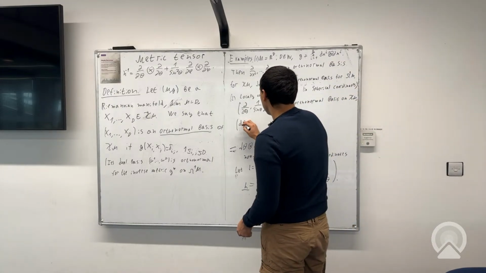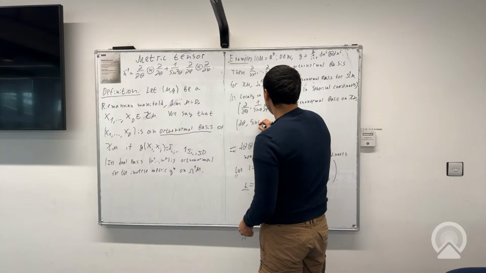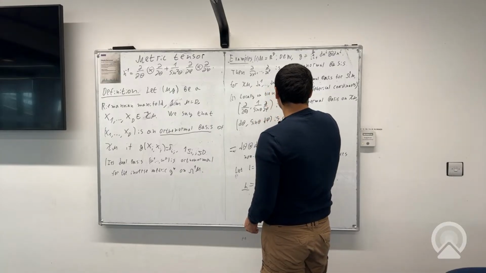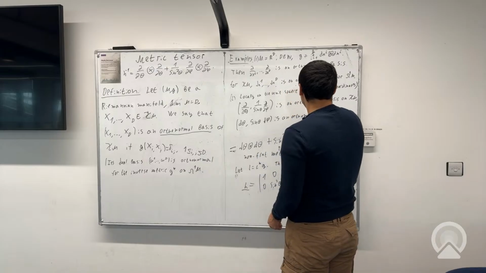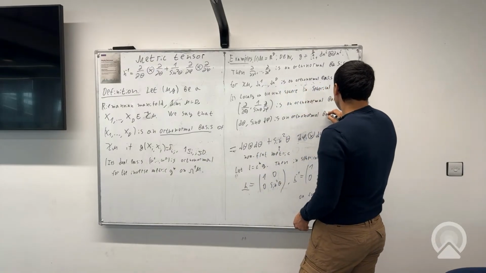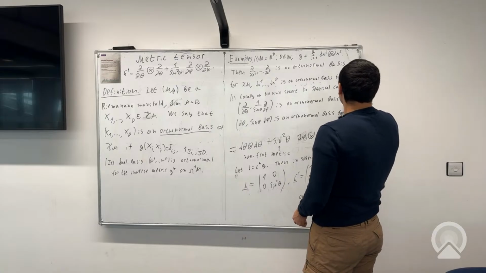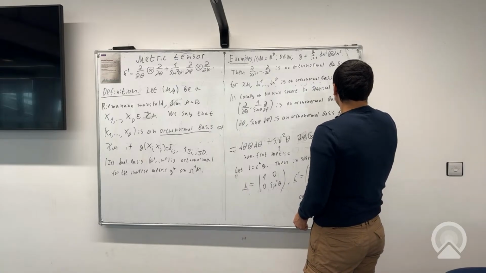So d/dtheta and 1 over sine theta d/dphi is an orthonormal basis for the tangent space, and d theta and sine theta d phi is an orthonormal basis for the one-forms.